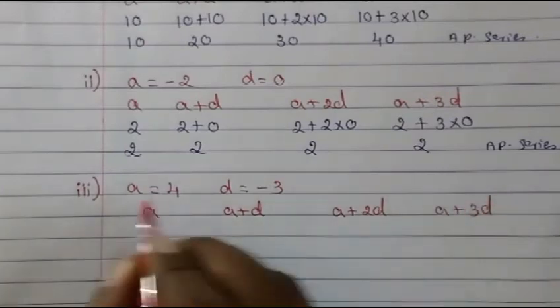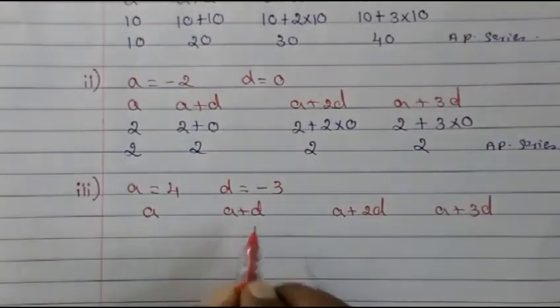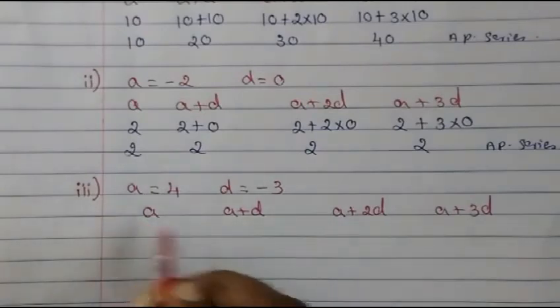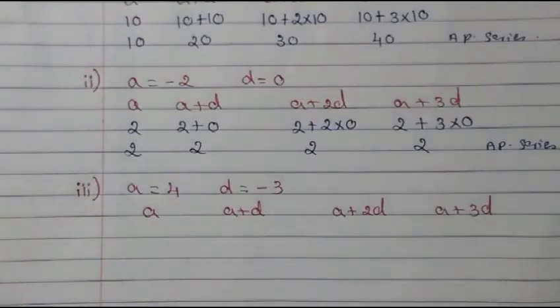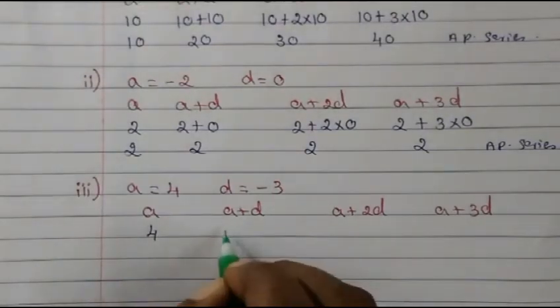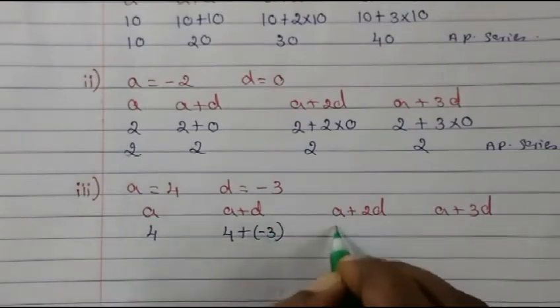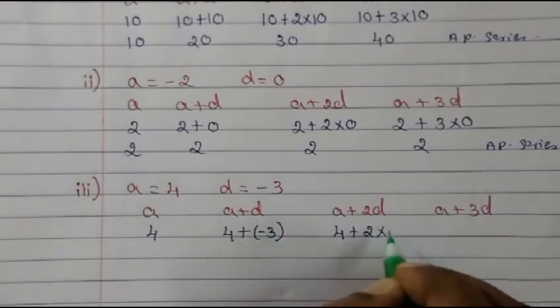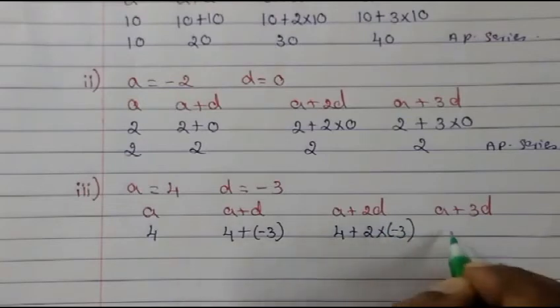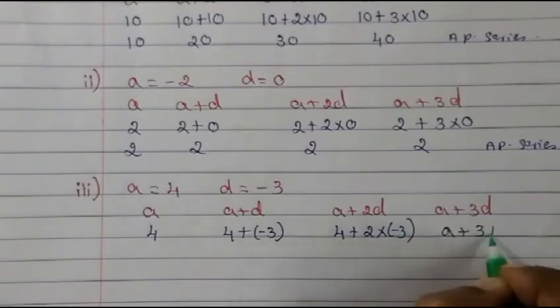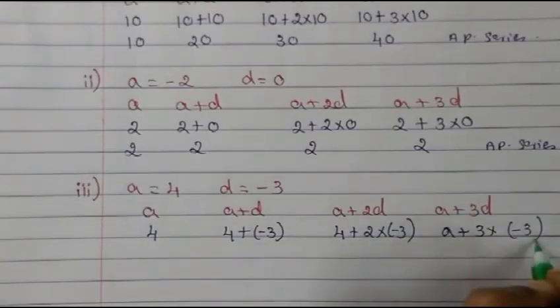Because we know A value, we know D value, we only have to place and calculate it. So A is 4. Then 4 plus D is minus 3. A is 4, 2 into D is minus 3. A plus 3 into D is minus 3.